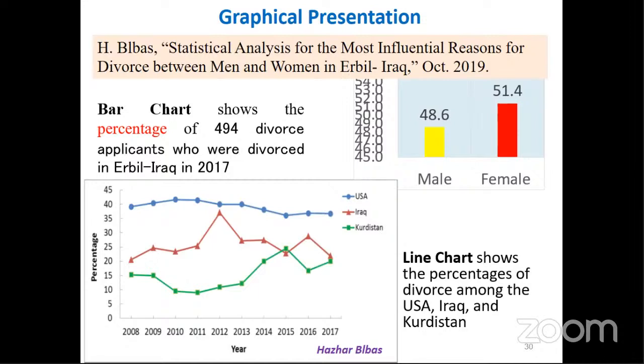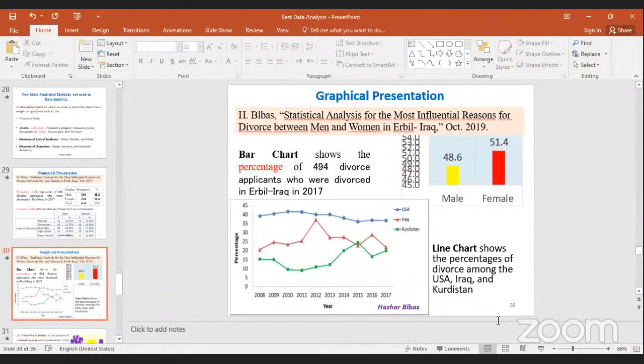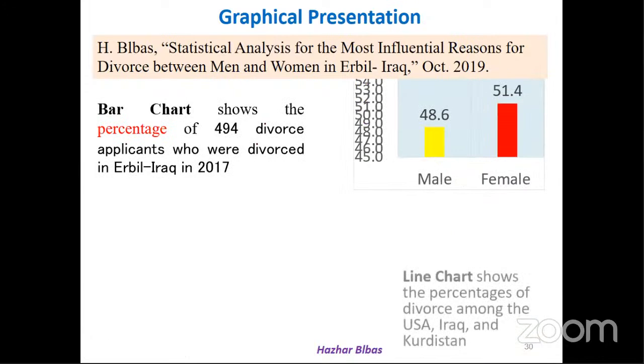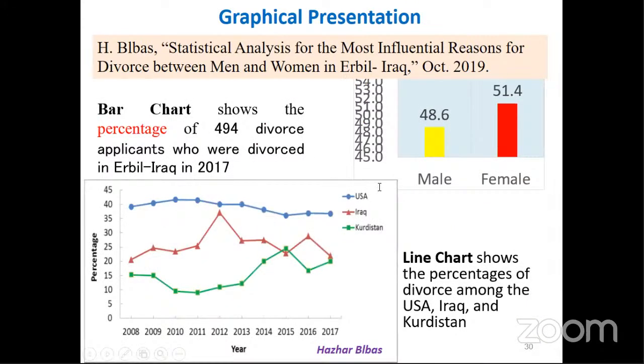If you look at the entire period, the percentage in the USA is higher than the percentage of people who got divorced in Iraq and the percentage of people who got divorced in Kurdistan, respectively. Most of the people who got divorced are from the USA from 2008 till 2017, followed by Iraq, followed by Kurdistan.